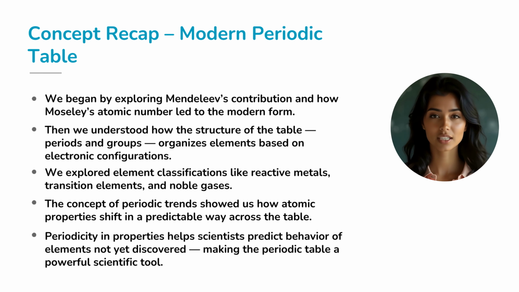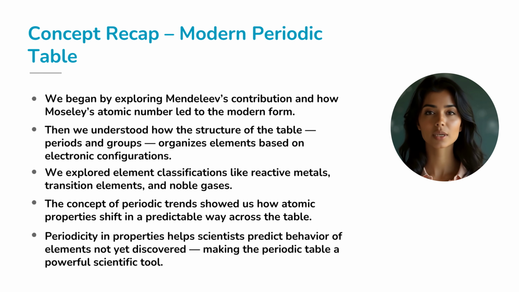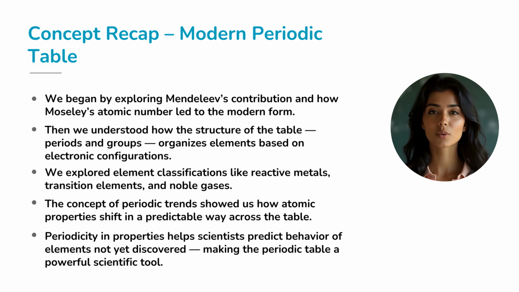Let's quickly revise what we've learned about the modern periodic table. We started with Mendeleev's idea of arranging elements by atomic weight, but Moseley's discovery of atomic number gave us the modern law that element properties are periodic functions of atomic number. We explored how elements are organized into periods and groups, each with their own trends and logic.